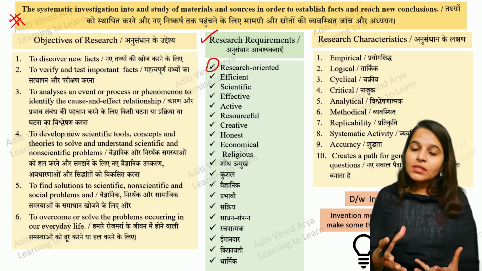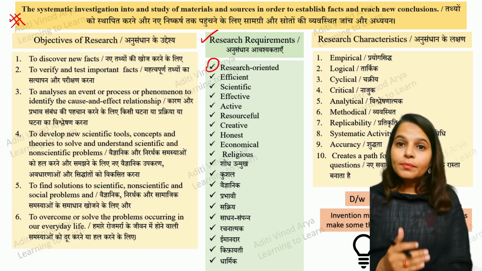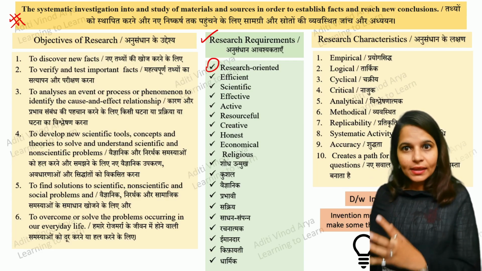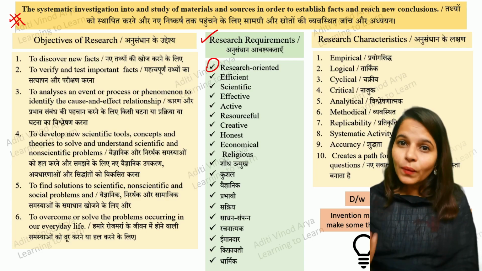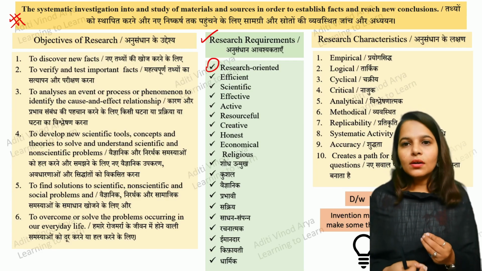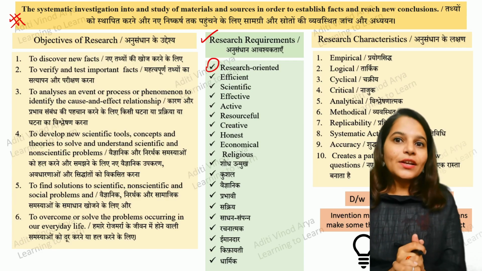This would actually help you to become a very good researcher, because you're not only trying to understand what the thing is, but why it is reacting in a certain way, why it is like this. That is called scientific mindfulness or scientific thinking.